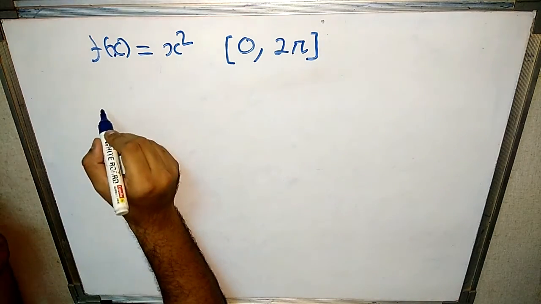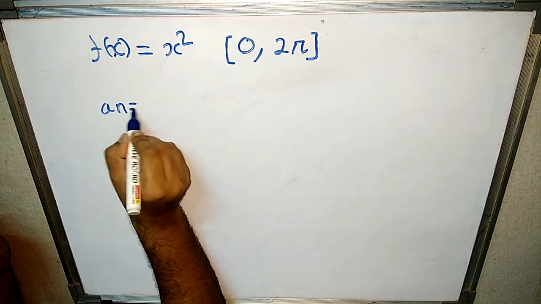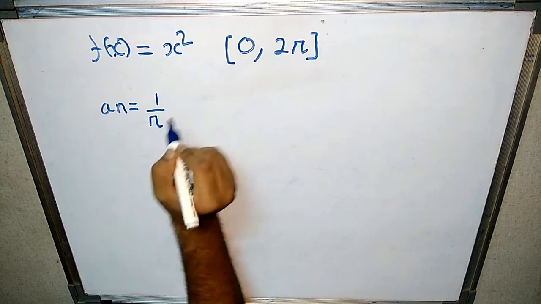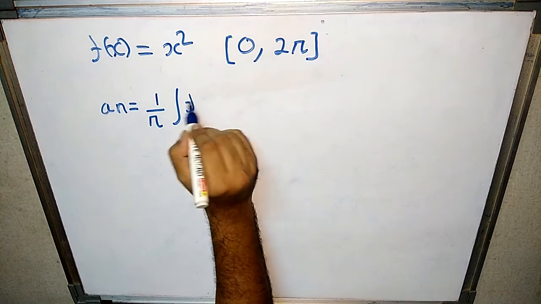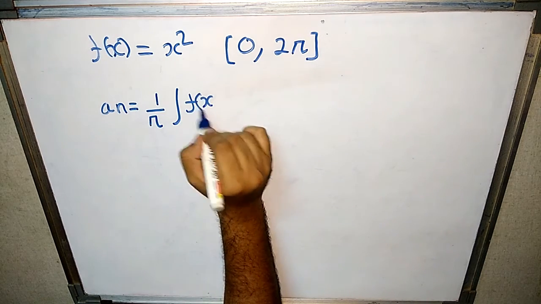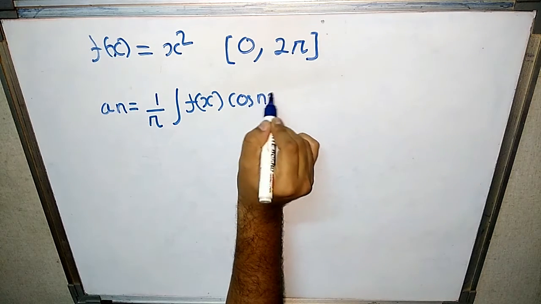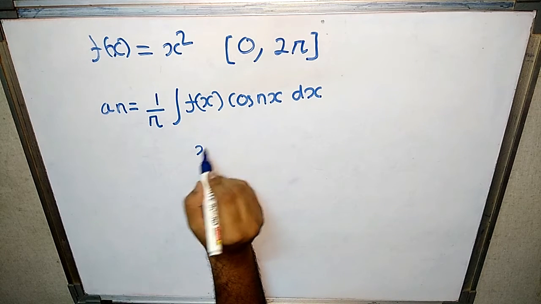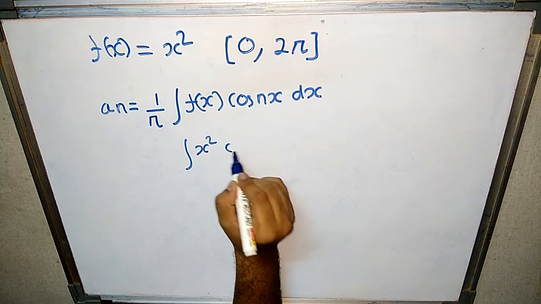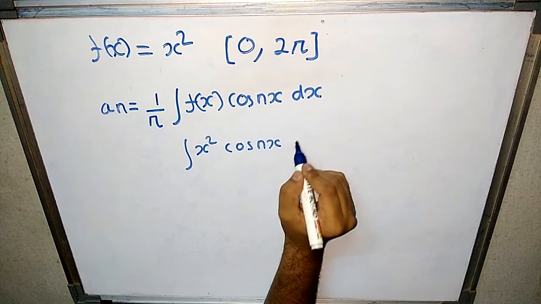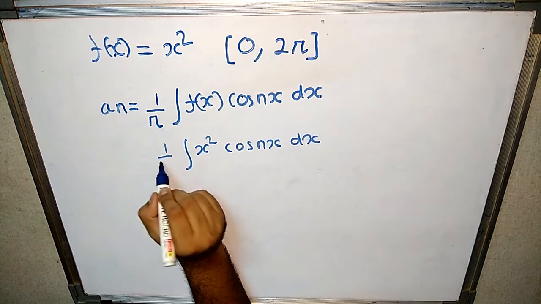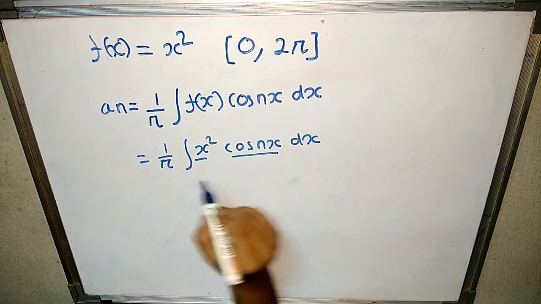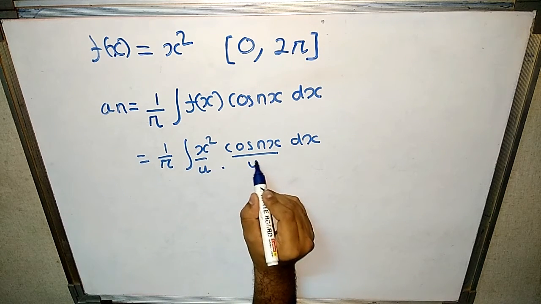So now finding an. An is given as 1 by pi integration f of x cos nx dx. F of x is x square. Now this is of the type u into v.